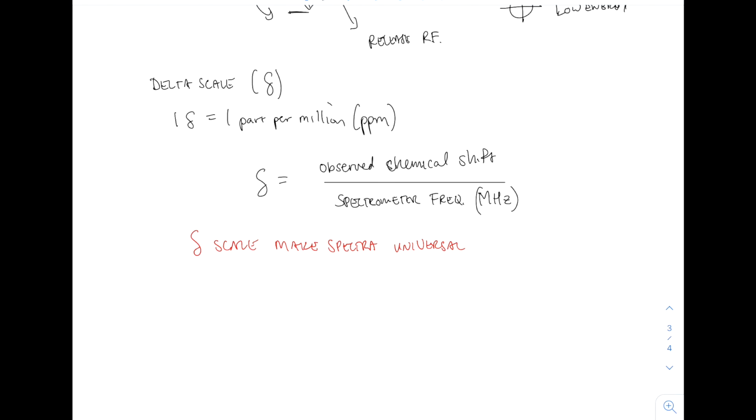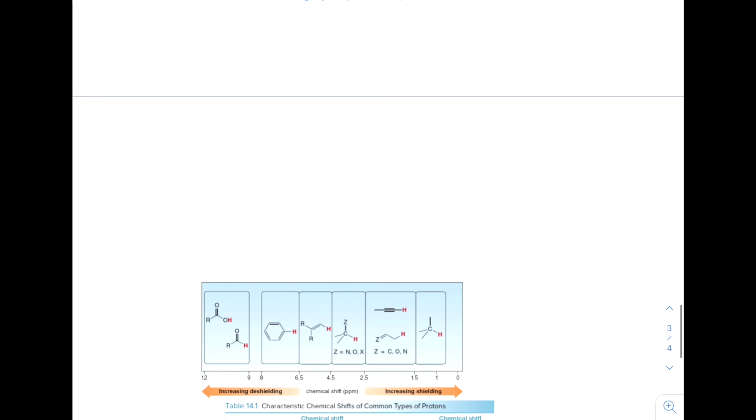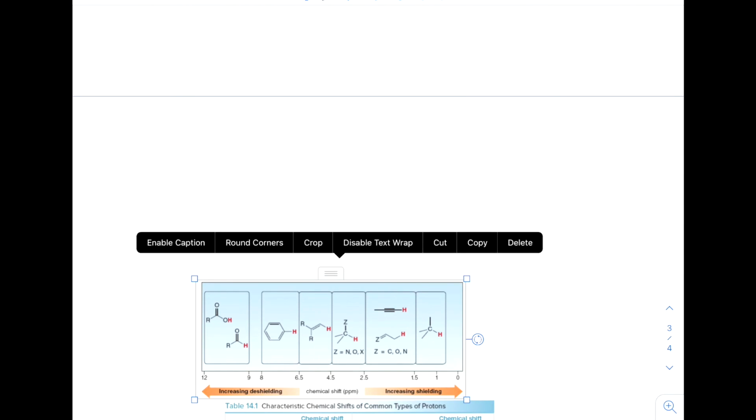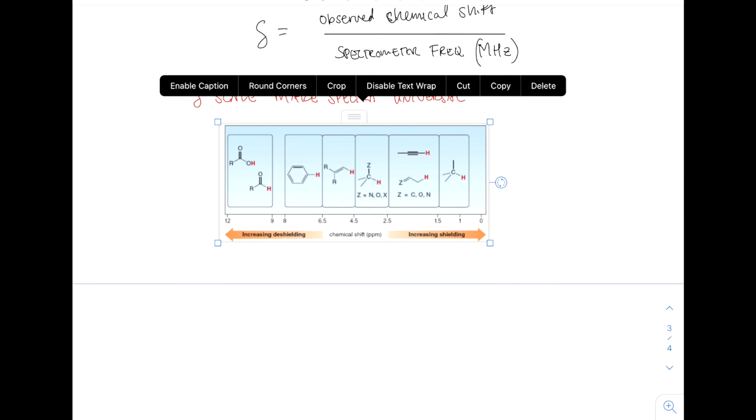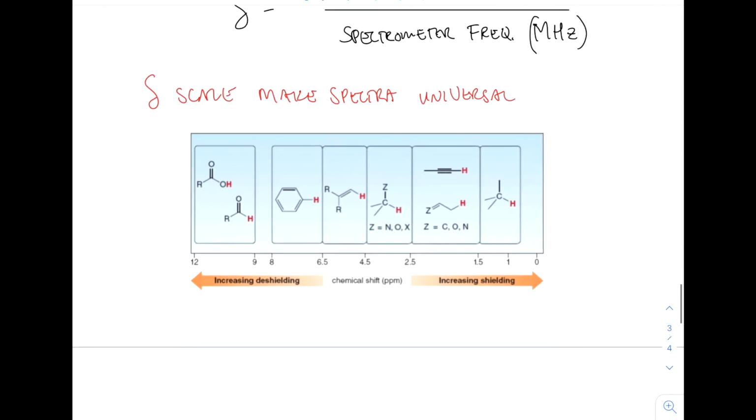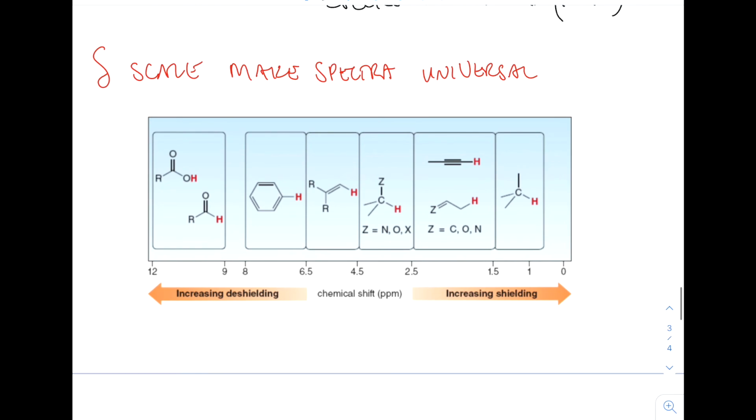Okay, so let's take a look at NMR spectrum or NMR spectra and look at their common chemical shifts. Here's an example of some approximations for chemical shifts.